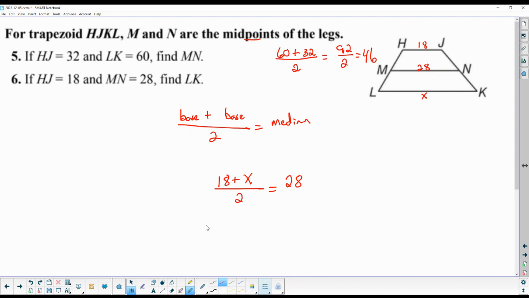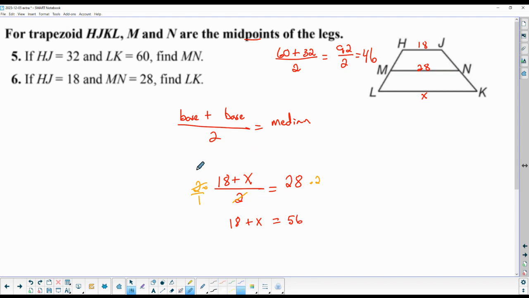All right, so now we need to do some algebra. So to get rid of this 2 in the denominator, I'm going to multiply both sides times 2. What that accomplishes on this side is that the 2's would then cancel, leaving me with just 18 plus X. On the right-hand side, 28 times 2 would be 56.